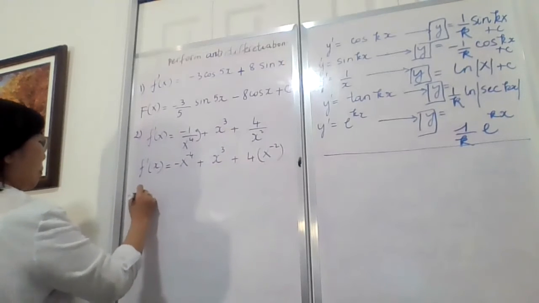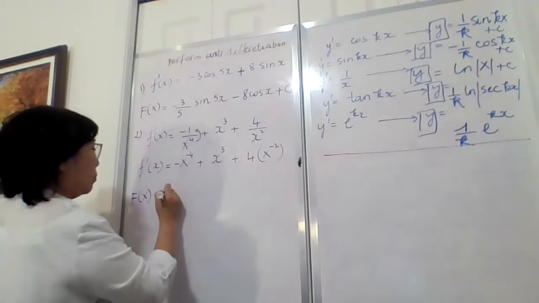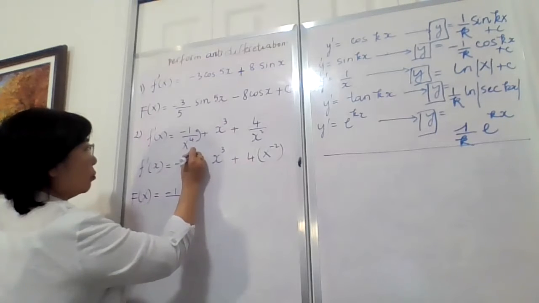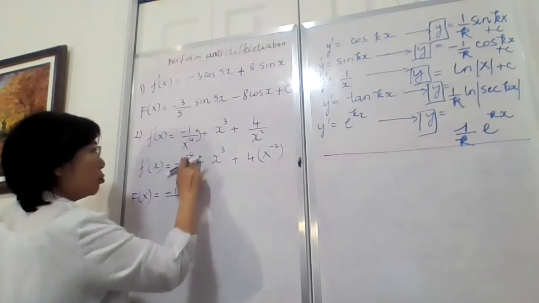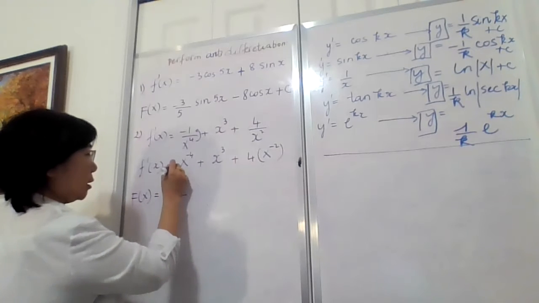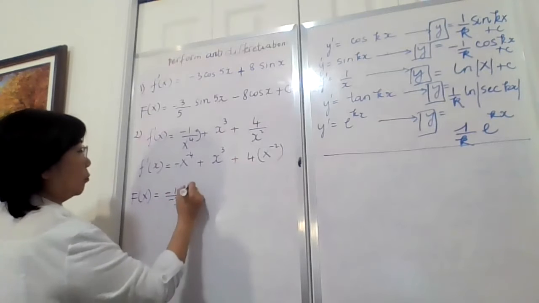So our f of x, back to the original function, will be minus 1 over, now add 1 into this: minus 4 add 1 is minus 3. So we have a negative coming from here and we have minus 3 down here, negative as well.